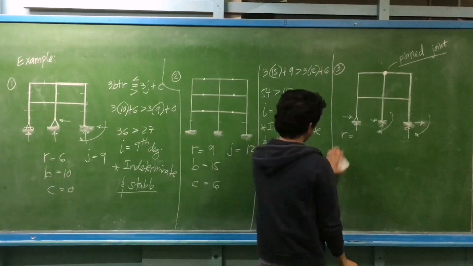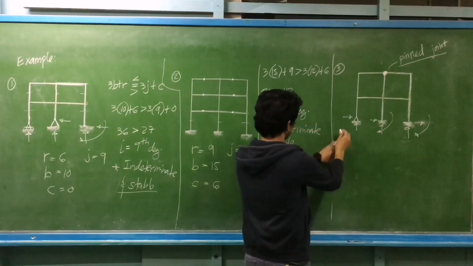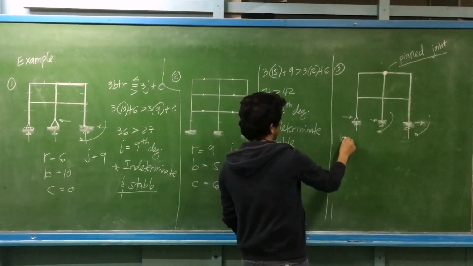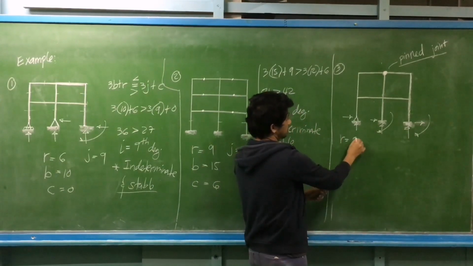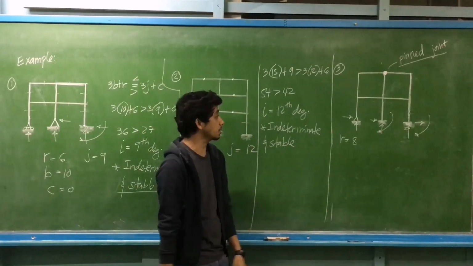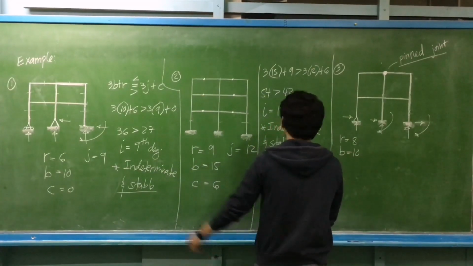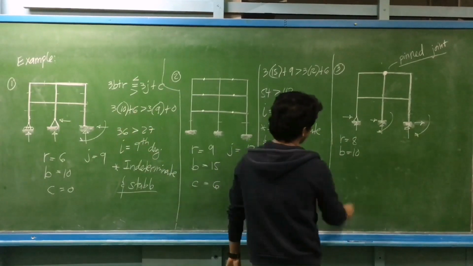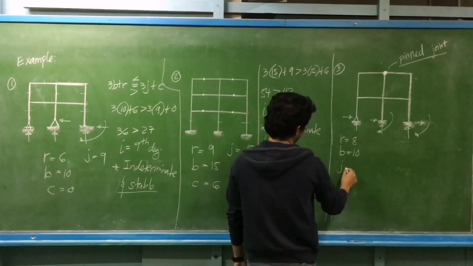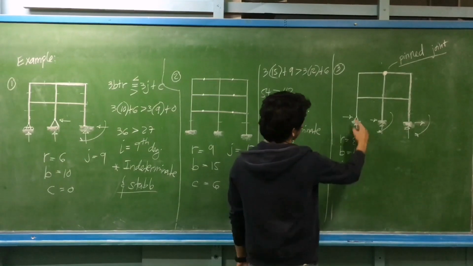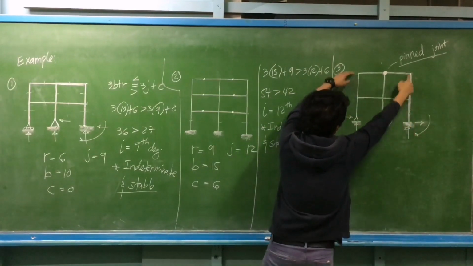So the number of support reactions, we have 8. The number of bars, I think this is 10, same as before. The number of joints, how many joints do we have in all? We have 1, 2, 3, 6, 9 joints.